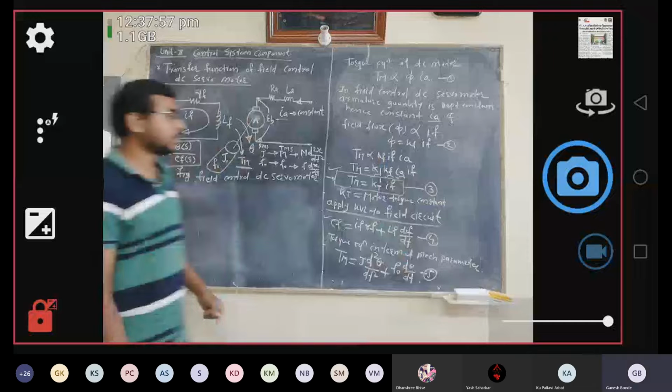What is the Laplace transform of equation 5? Nobody?